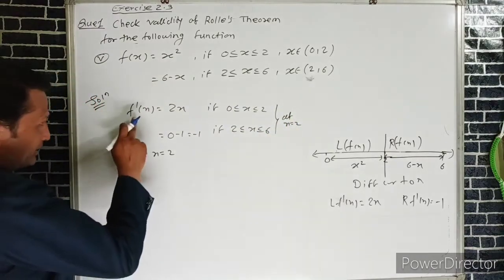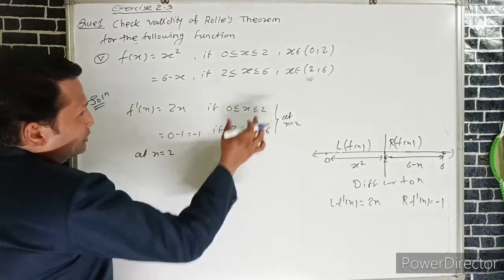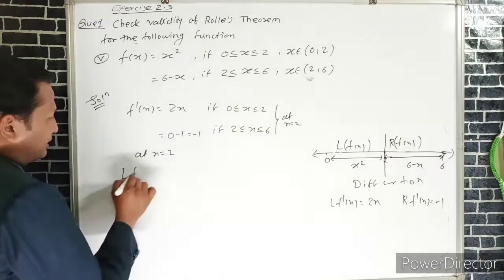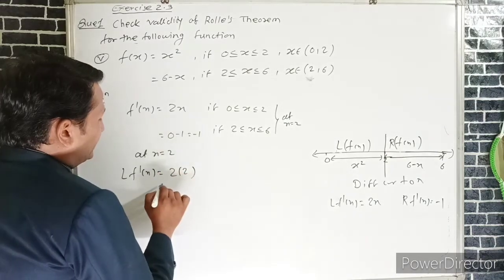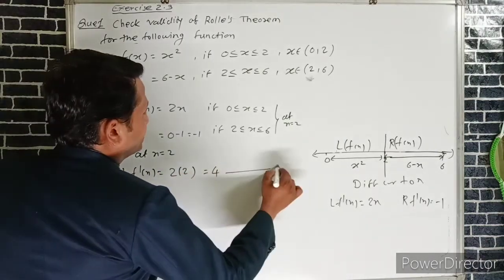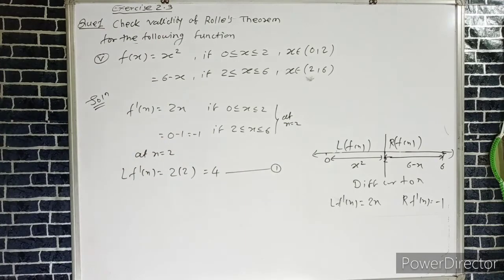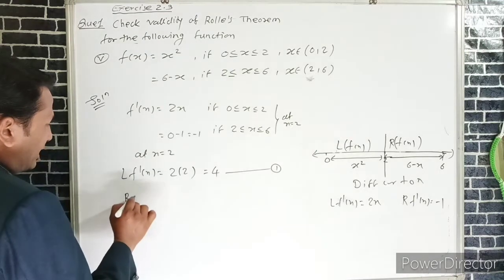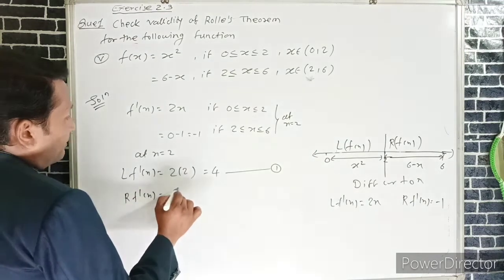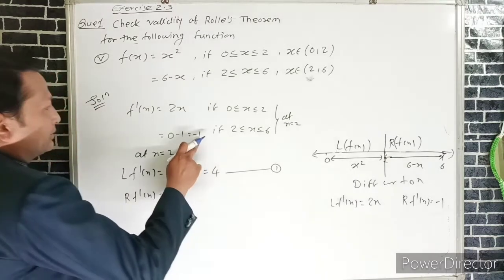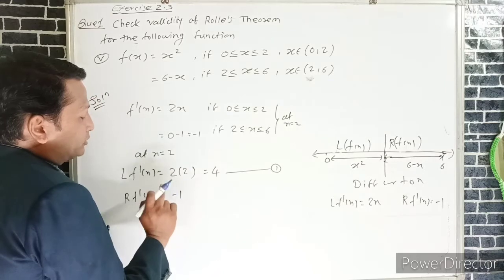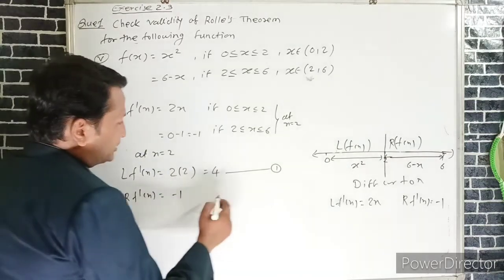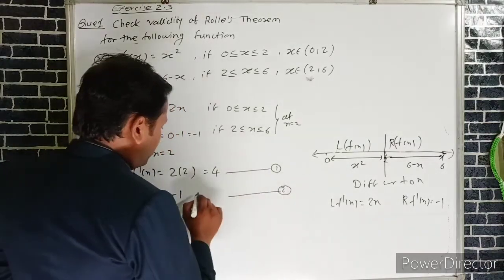We can write the left hand side, meaning 0 to 2, L f dash of x is equal to 2 into 2, so 2 into 2 is 4, equation number 1. Again, for the right hand side, R f dash of x is minus 1, equation number 2.